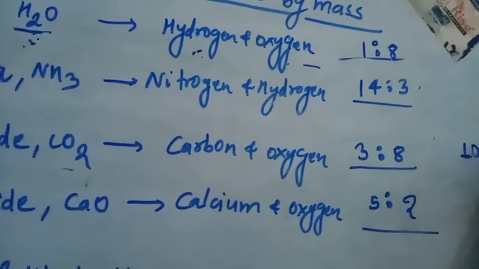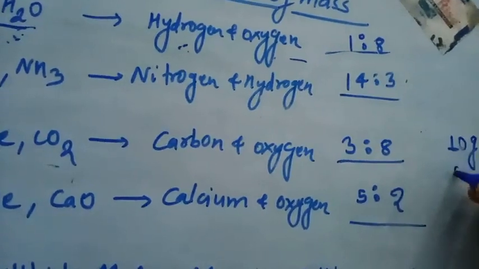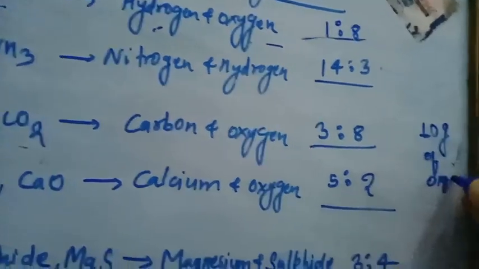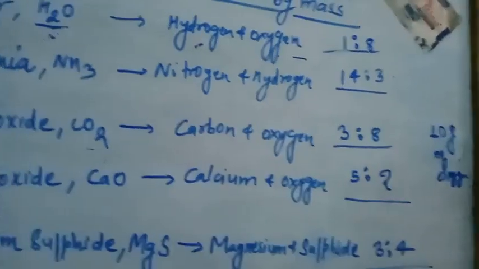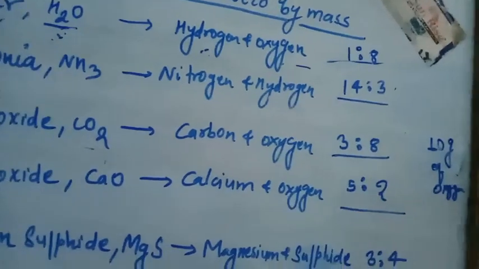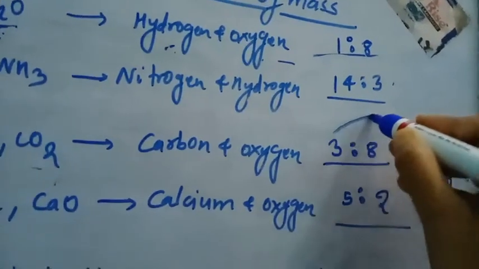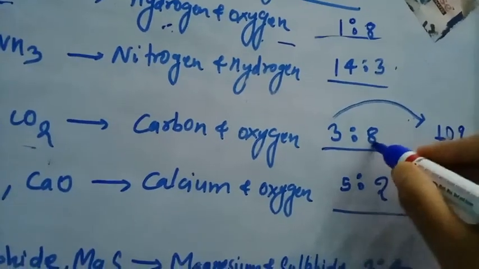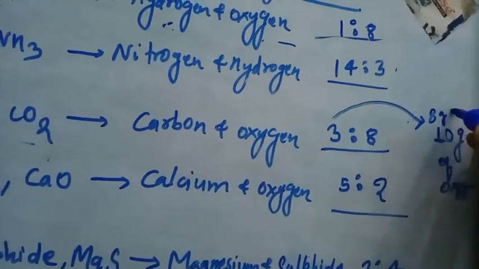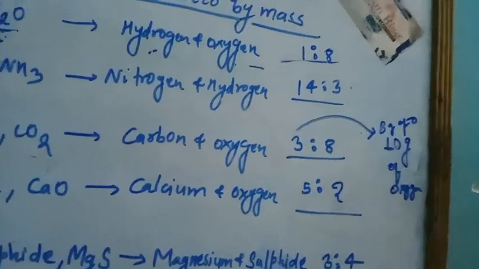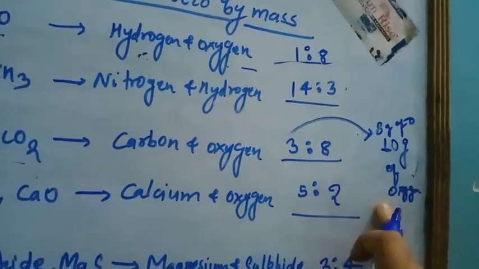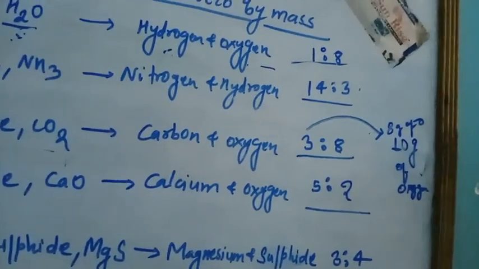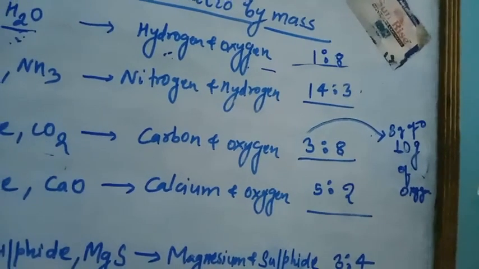Let's say you are given 10 grams of oxygen, but you have only 3 grams of carbon. So 3 grams of carbon will react with only 8 grams of oxygen, and the remaining 2 grams of oxygen will be left unused.